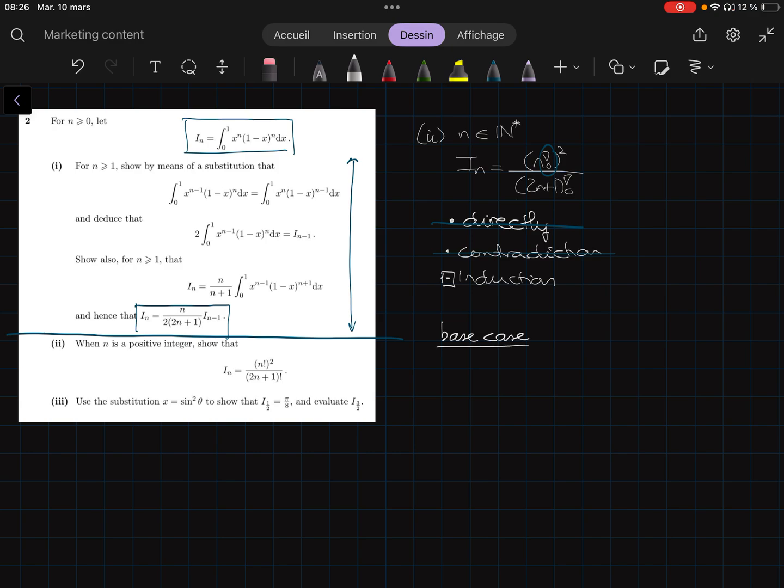On the left-hand side, we have I_1. Note that we are asked to prove this result with positive integers. So we start with 1. I_1 is the integral of x times (1 minus x).